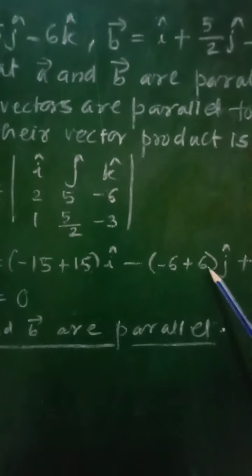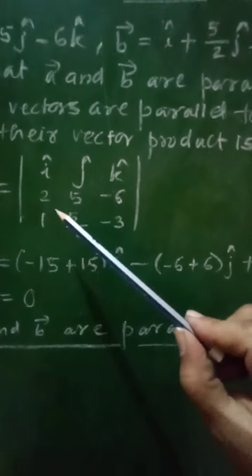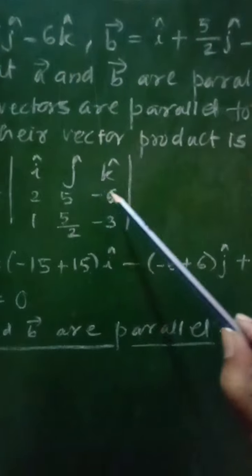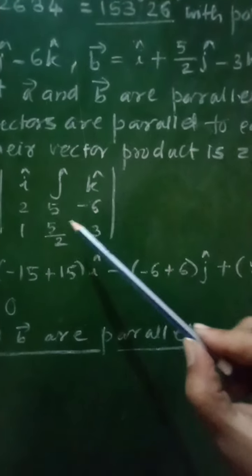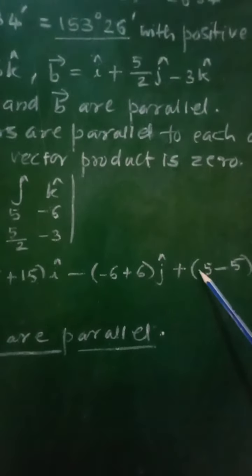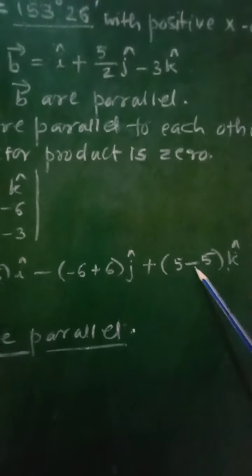Then minus j cap into 2 into minus 3, that will be equal to minus 6, minus 1 into minus 6, that is plus 6. Then plus k cap into 2 into 5 by 2, that is equal to 5, minus 1 into 5, that is 5. So 5 minus 5, k cap.